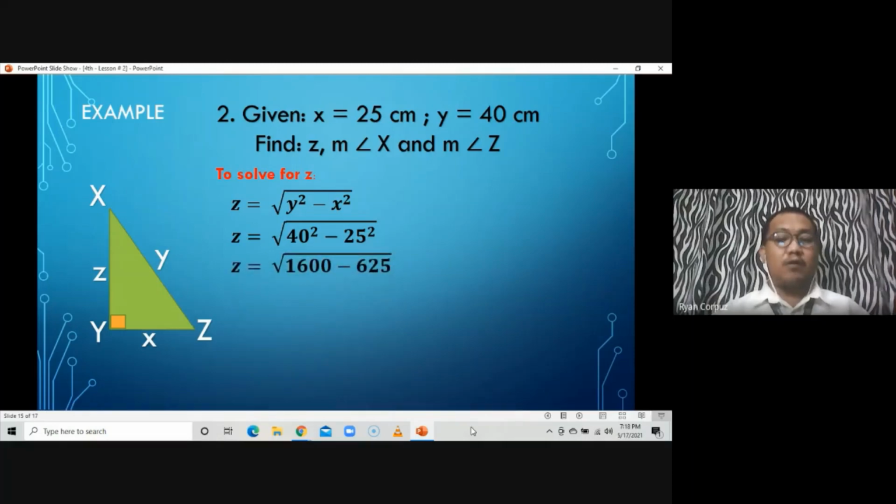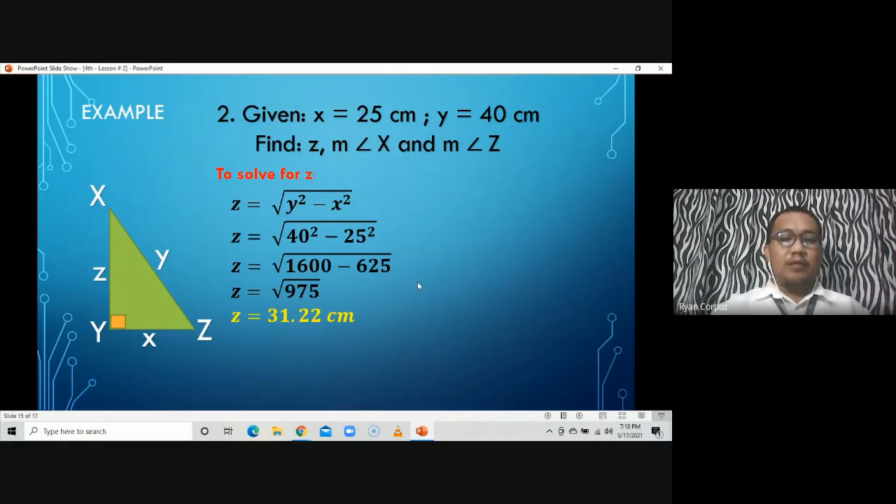So, magkakaroon tayo ng z is equal to the square root of 1,600 minus 625. Then subtract it, we'll come up with the value of z which is equal to the square root of 975. And again, using your calculator, what would be the square root of 975? So we'll come up with the value of z which is equal to 31.22 centimeters.